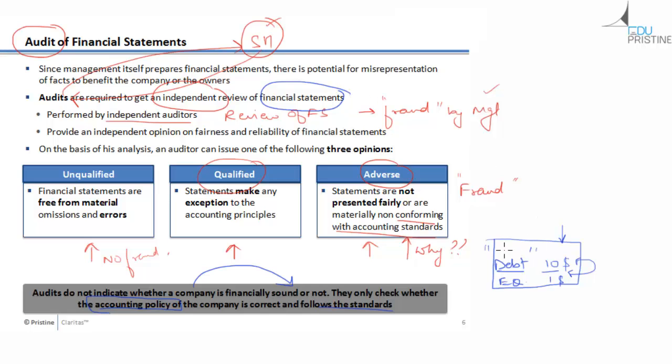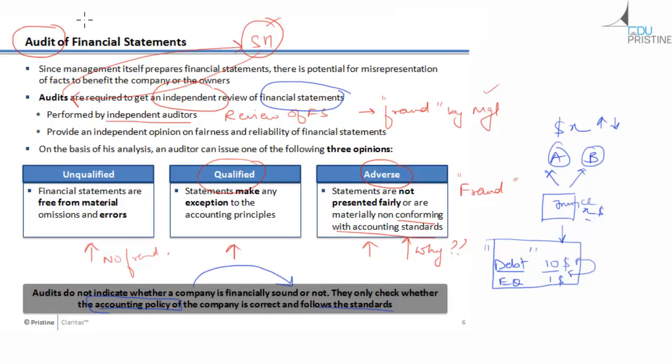It is the duty of the shareholders and the management to decide which way the company should go, whatever decisions are being taken, whether right or wrong, whether to purchase machine A or B. The auditor will never tell you that, but will tell you that if a machine has been purchased, it needs to be backed by an invoice from the supplier. And if you are saying that it has been purchased at X dollars, then the same X dollar amount should match the invoice. Whether X is more or less compared to the market rate, it is for the management and the shareholder to decide. The auditor has nothing to do with it.